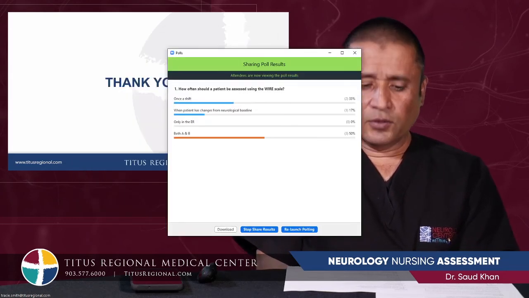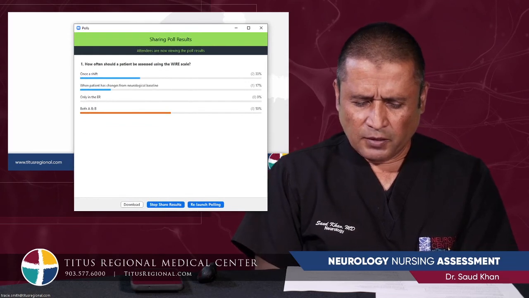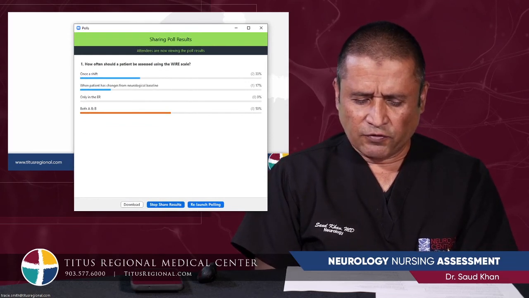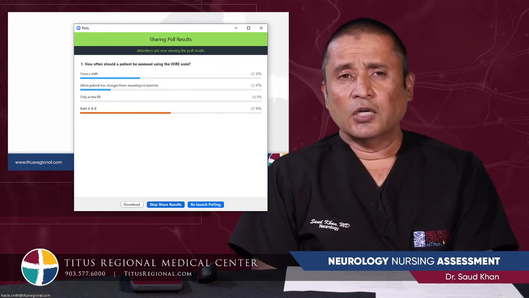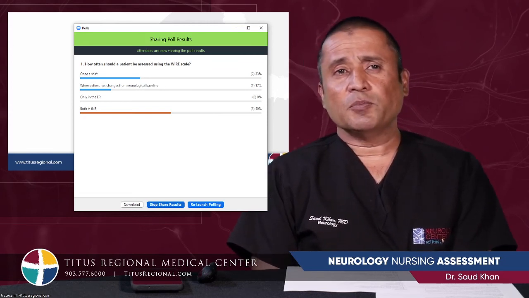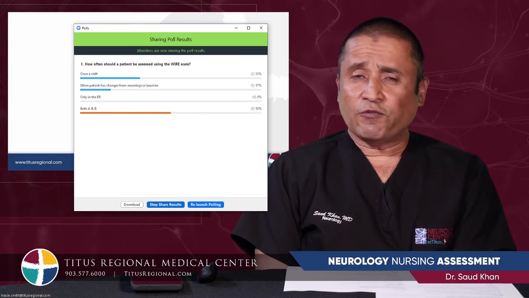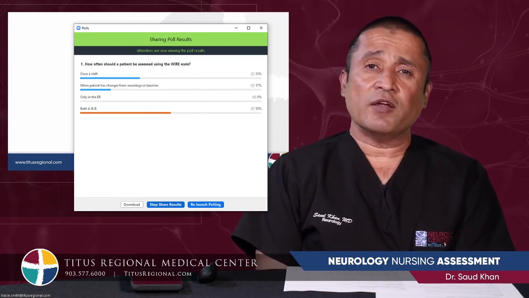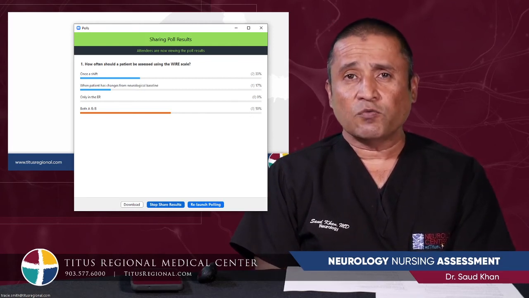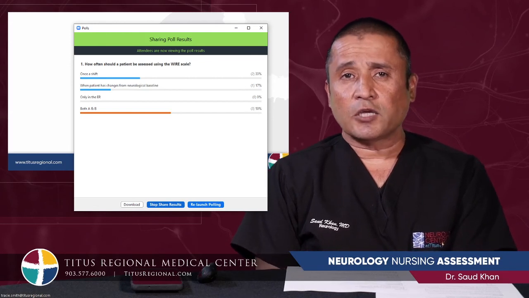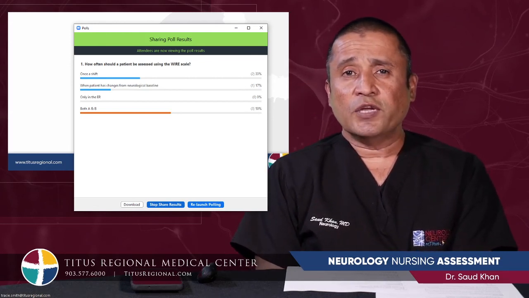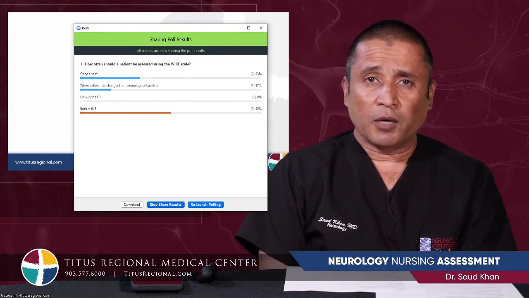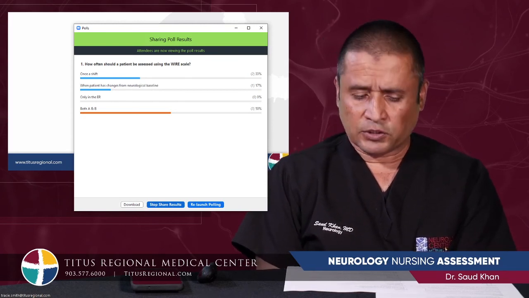Okay, so the answer is A and B: once a shift and whenever the patient has a neurological change. I think people were a little bit confused. So shift, yes, this is the answer. But whenever the patient has altered mental status, we have to document the WAVE scale, and that can help us, whether it is a new weakness, new vision loss, or a speech problem, or some other stuff.